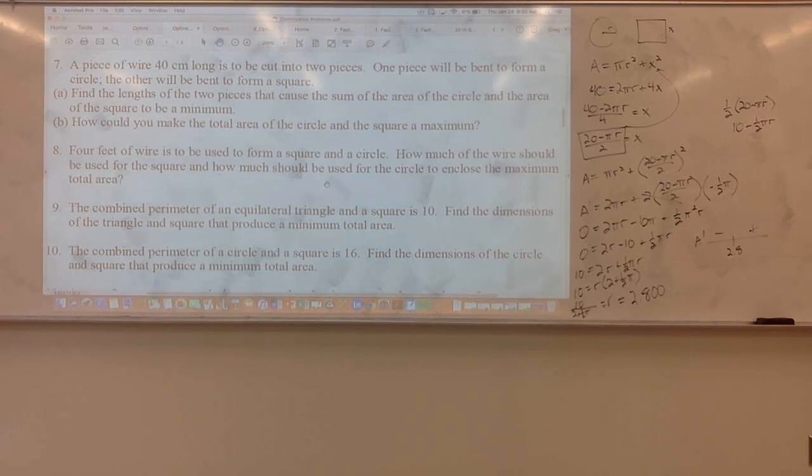Oh, it's the one that equals. Yeah, if I plug it in here, I only have one remaining unknown, right? So I'm going to plug 2.8 in, so 40 equals 2 pi times 2.8 plus 4x. So I'll subtract, I guess we could get a decimal for this.